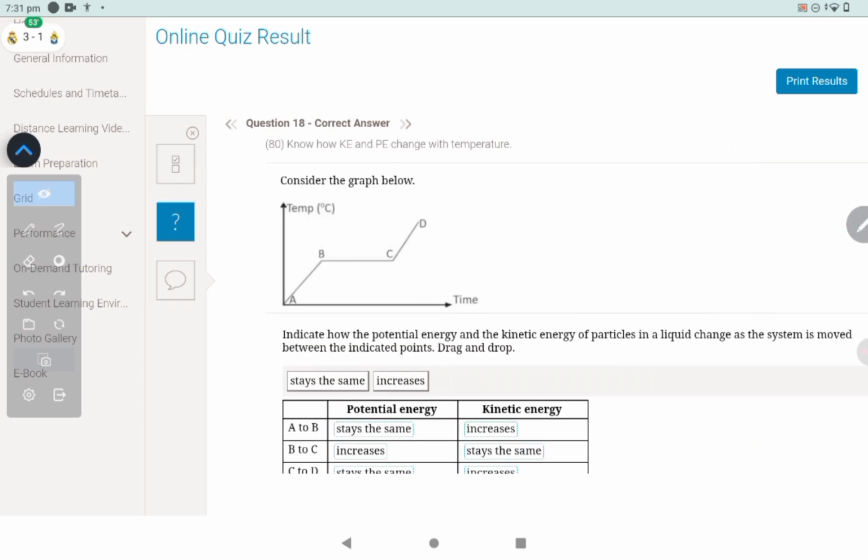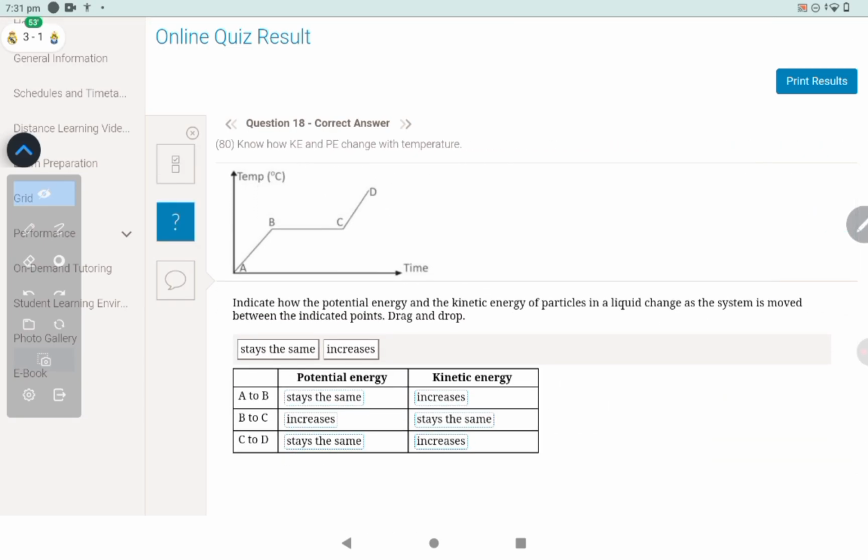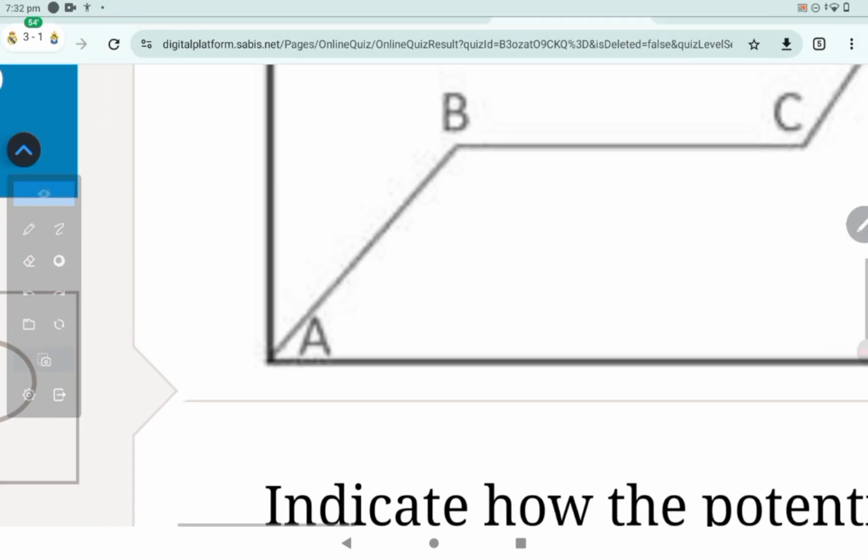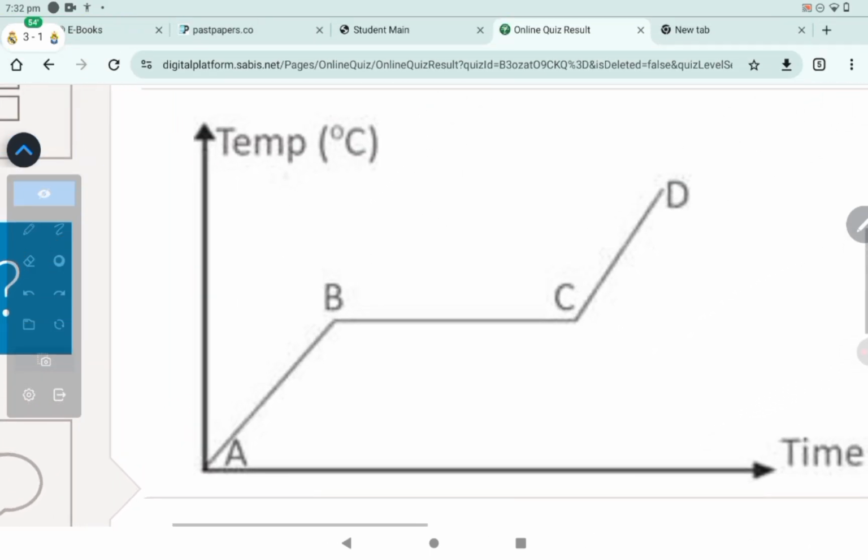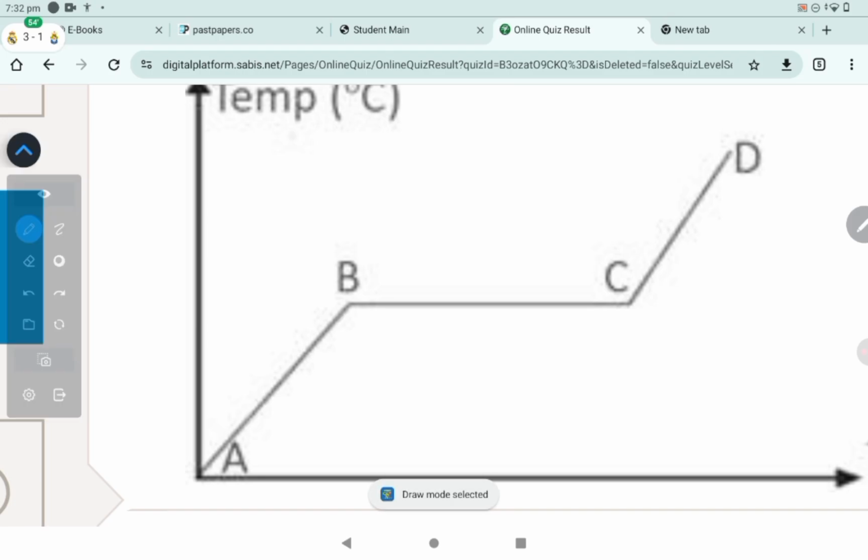Next one, indicate how the potential energy and the kinetic energy of particles in a liquid change as the system is moved between the indicated points. Okay, so A to B in here. Whenever we have an uprising, that is an increase in kinetic energy. We know that when temperature increases, kinetic energy increases. So here, kinetic energy increases.